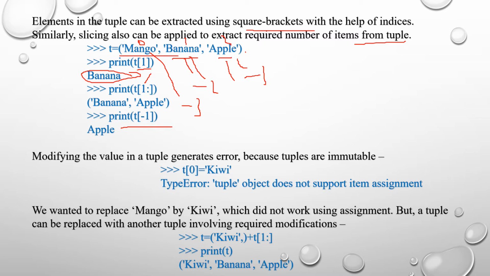So if you want to replace, this is the syntax. For example, t is my variable name, t is equal to, first we have to create one tuple. The tuple item is kiwi. After that we have to use the plus operator, and this is the slicing, t of 1 colon. So t of 1 colon prints banana and apple, and the 0th indexing is replaced by kiwi.